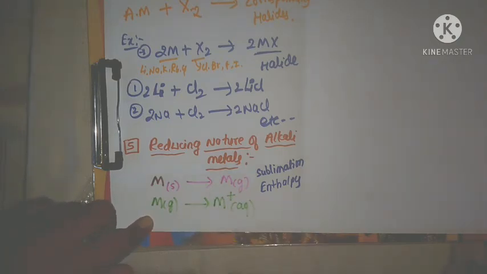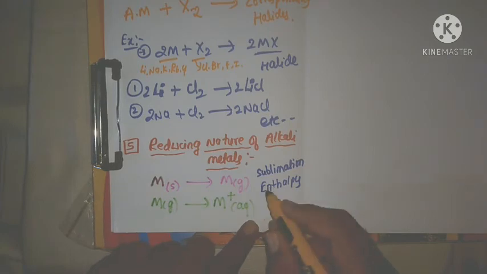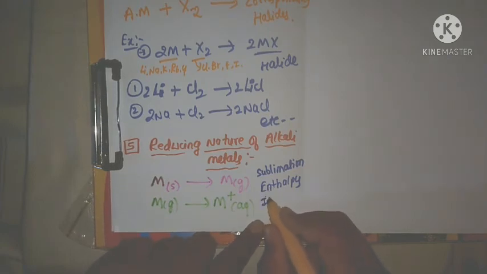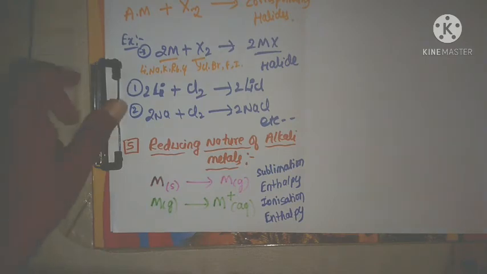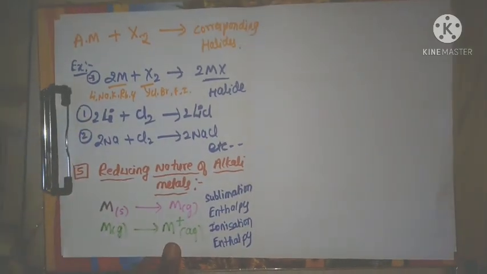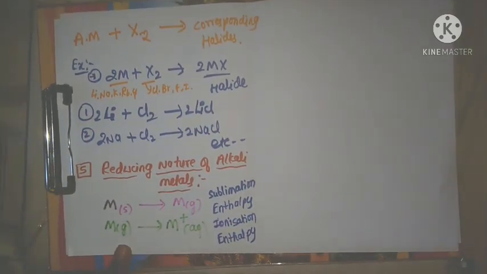Ionization enthalpy. That is what I am writing here. Now here 1 electron is removed, which I will write with red pen.